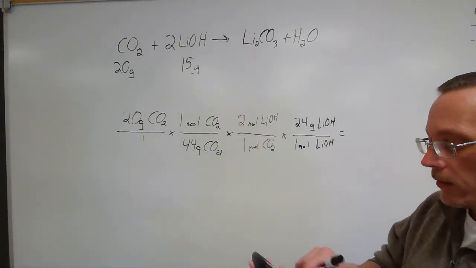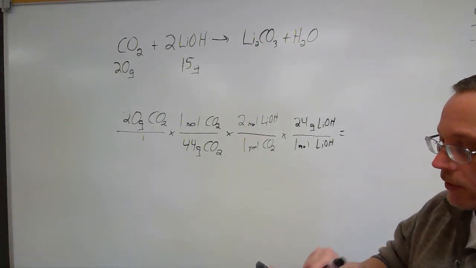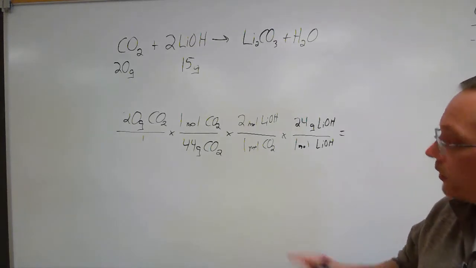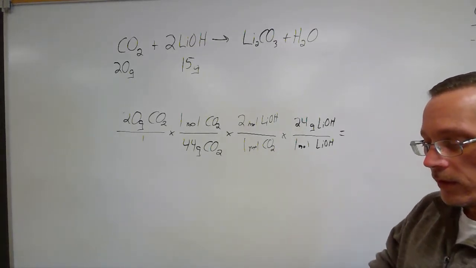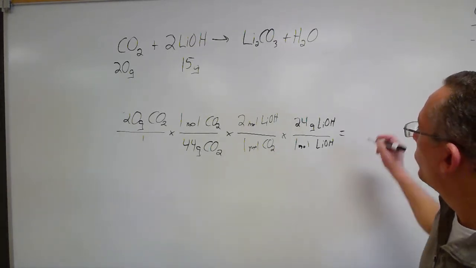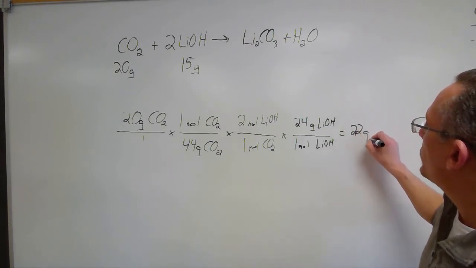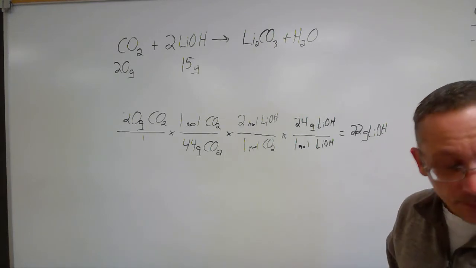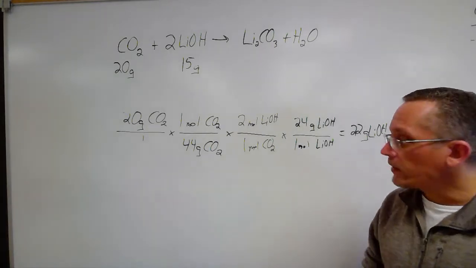We've got 20 times 2 times 24 divided by 44, and the other numbers are both 1. So I get about 22 grams of LiOH.